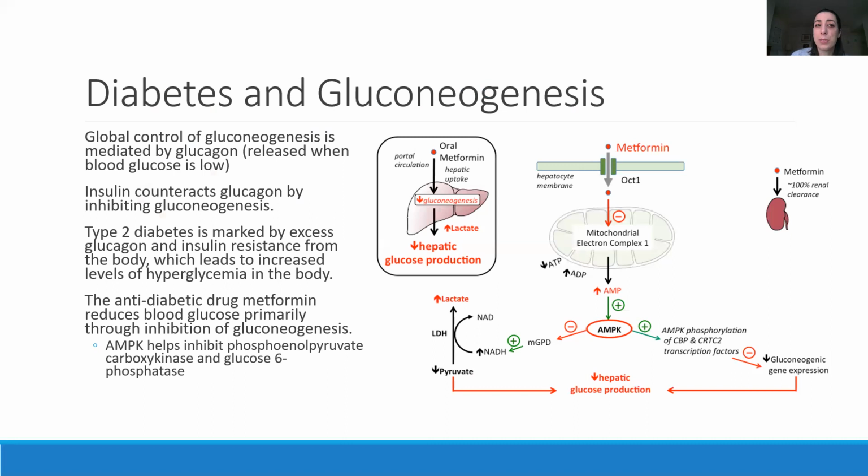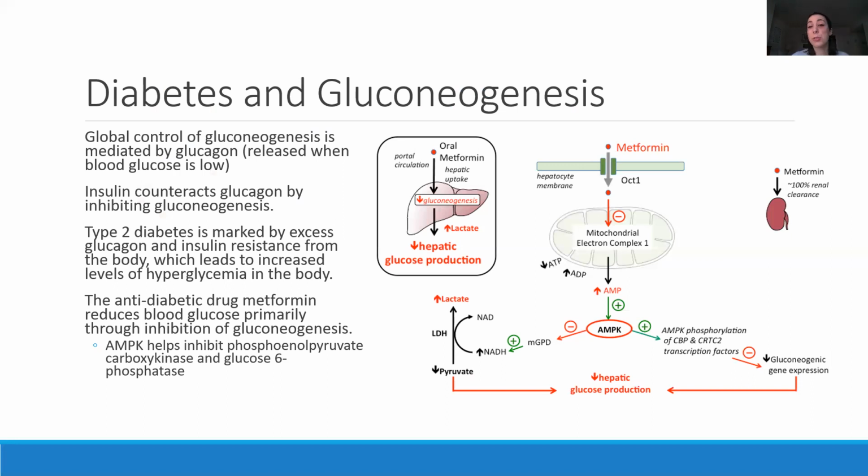And glucagon is released when blood glucose is low. So insulin is released when blood glucose is high to signal that we have too much blood sugar and the glucose needs to be broken down. Glucagon is released when blood glucose is low, and it helps signal that we need to be generating glucose.